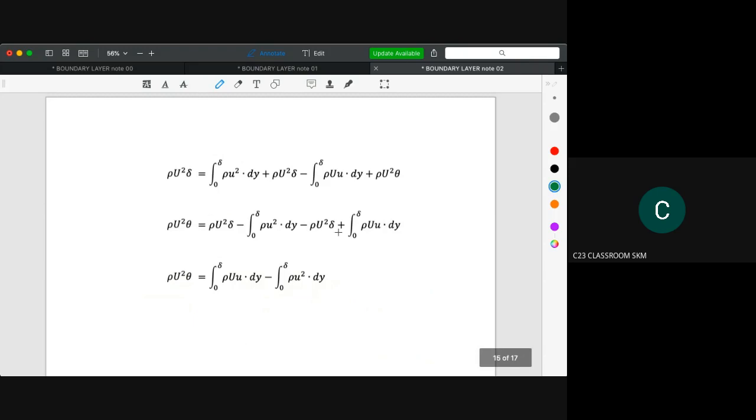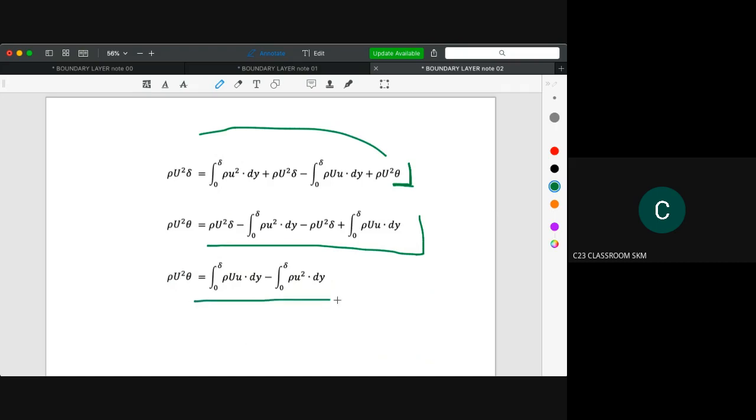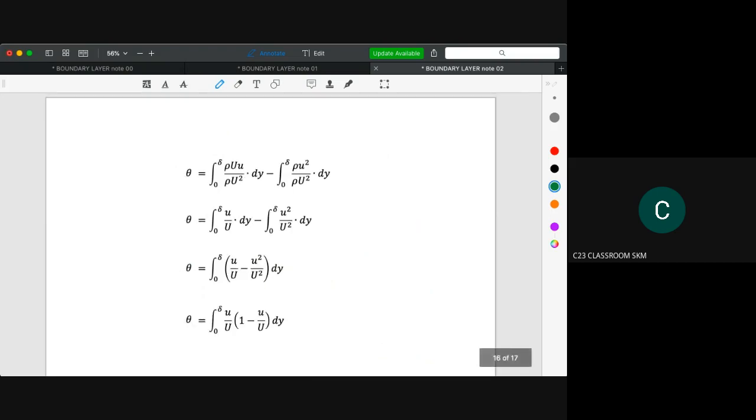Because we are trying to define the value of theta, we bring theta to the left hand side, so we could write like this. If you do this at home, you will find that rho u square theta can be written as this one. Then we bring the rho u square to the right hand side, and we could simplify this into this term.